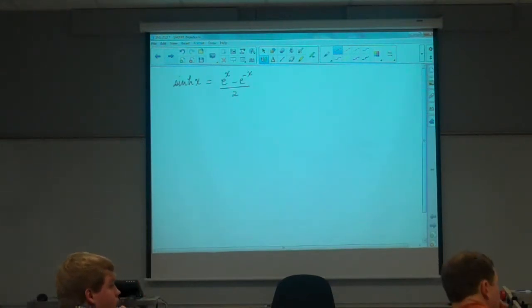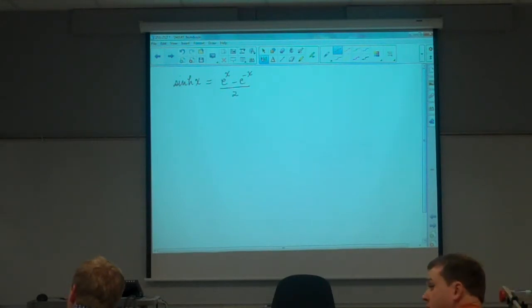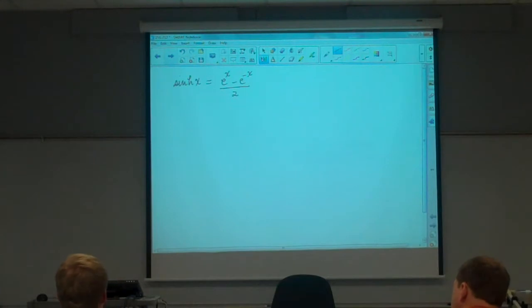So first thing, why did they use sine, cosine H, and tangent H for something that's not an angle? Probably supposed to be easier. For me it does, I don't know.